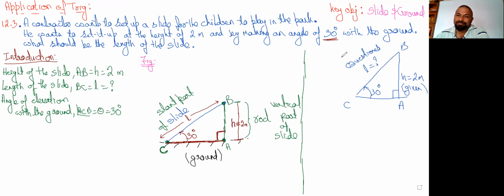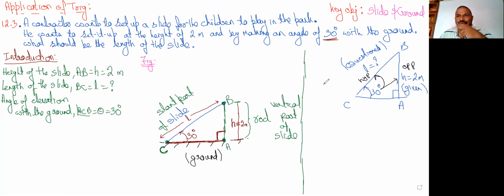Given and question. Okay, now if you are standing at 30 degrees, this height becomes the opposite side and the questioned part is the hypotenuse. Okay, now opposite and hypotenuse, can you please tell me what is the relation between opposite and hypotenuse?